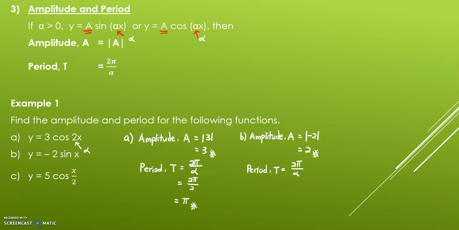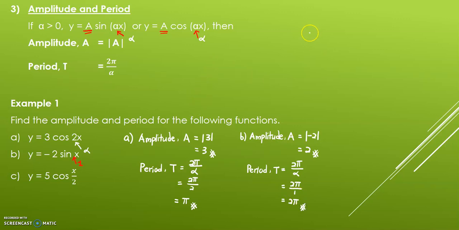Based on this example, the value of alpha is 1. Remember, it's not 0 but 1. So I should have 2 pi over the value of alpha, which is 1. So here is 2 pi.